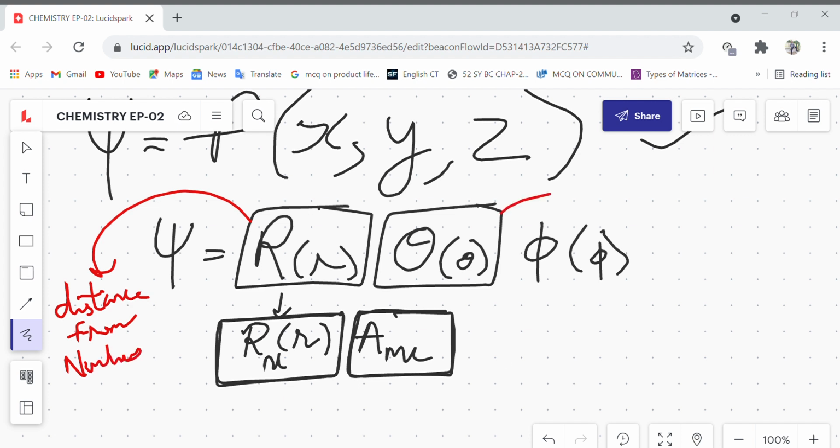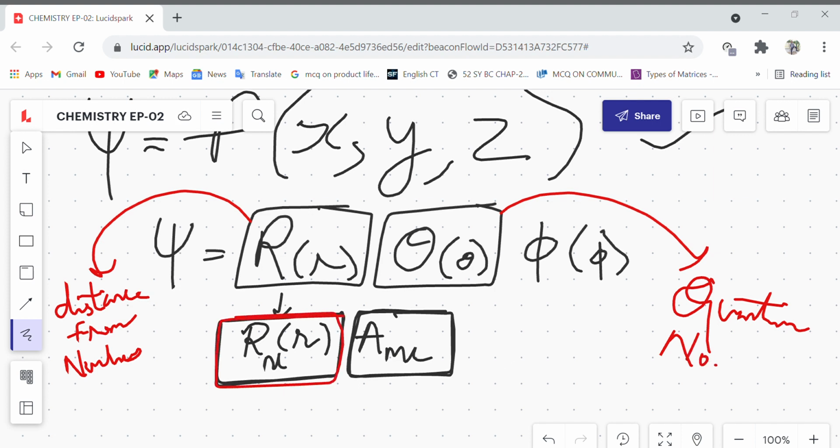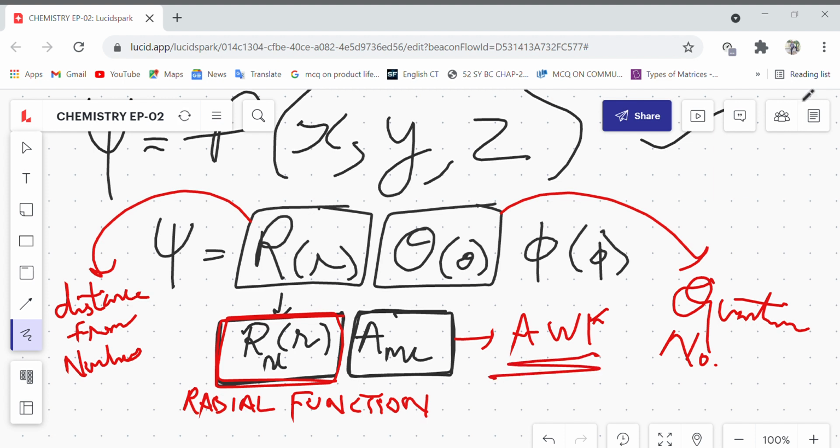This tells you about quantum number. This tells you about the radial function. And this tells you about the angular wave function. Understood?